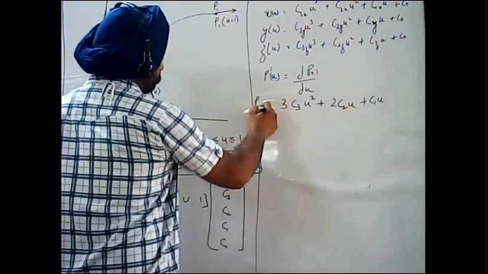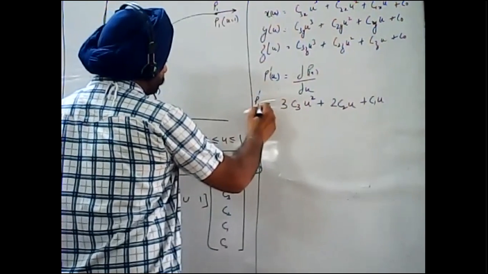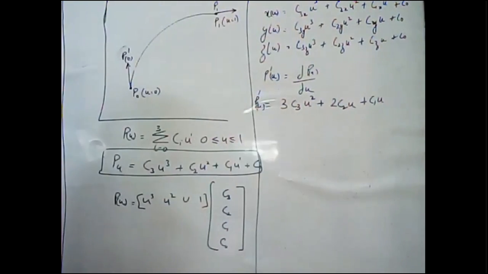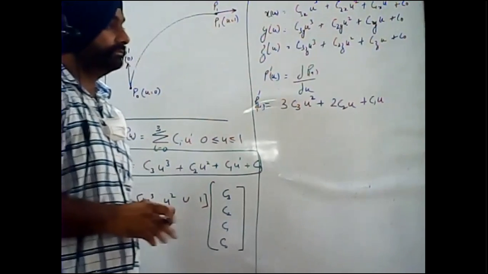This is P dash of u. This is the tangent at P naught. Just wait a minute.